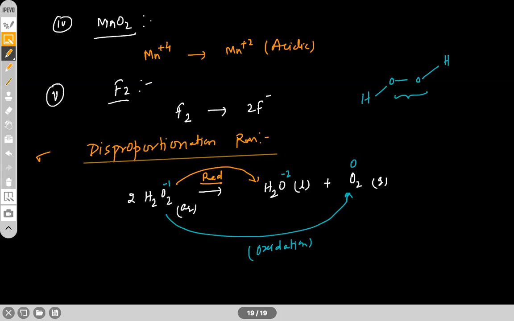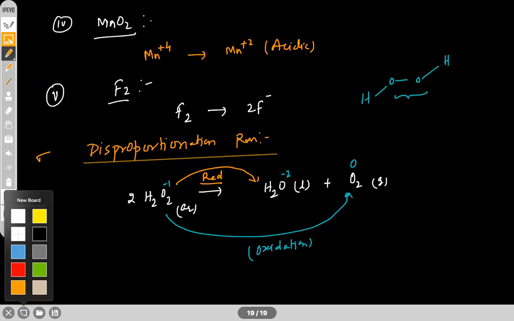Right. Now your homework is this. Homework is to balance this reaction. This reaction is a disproportionation reaction. P4 plus OH- in aqueous medium, so H2O is also there, and it converts into PH3 plus H2PO2-.